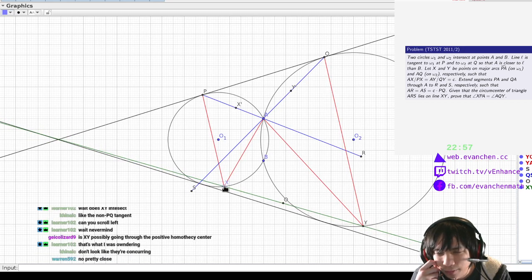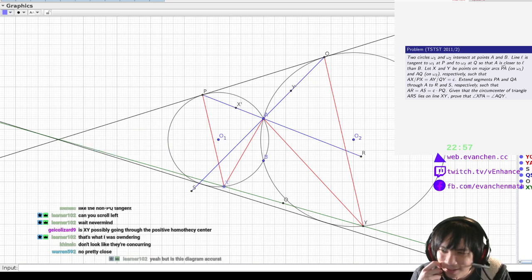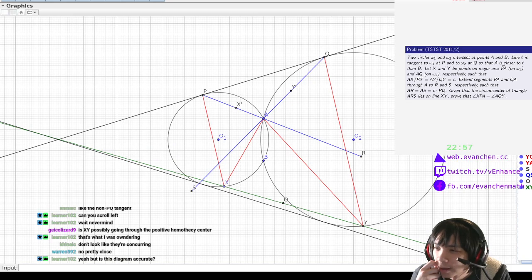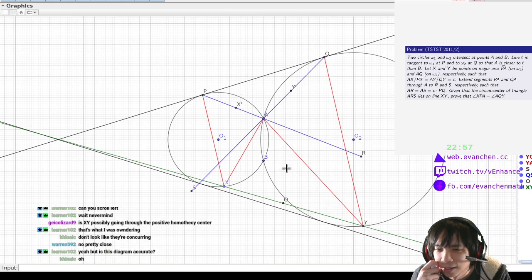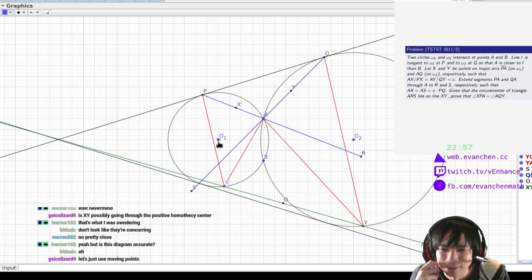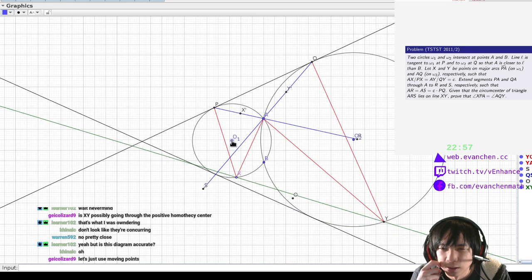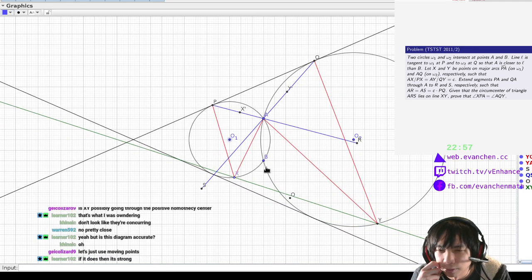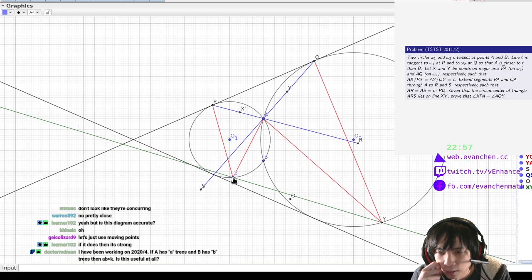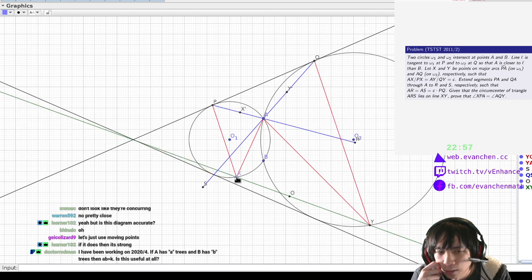Yeah, it looks like XY is gonna pass through the... That's a little too coincidental. Let me try it one more time. Yeah, that's too coincidental. I bet they concur.